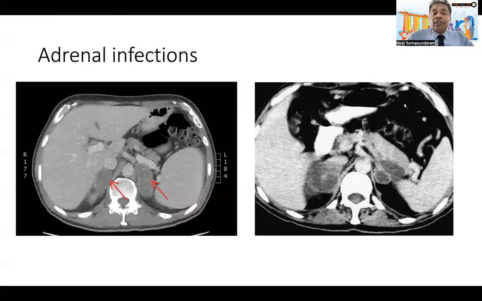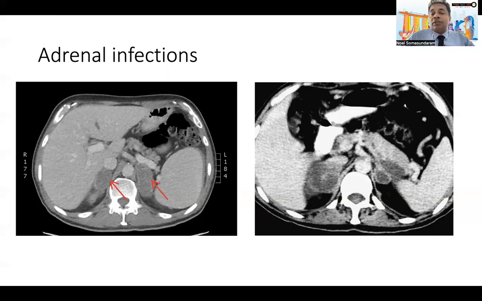For example, in the adrenal on the left side, I have shown you a bilateral adrenal mass, which is hypointense compared to the liver here. It is due to histoplasma infection, which usually occurs in immunosuppressed people and requires long-term antibiotic therapy specific for histoplasma.